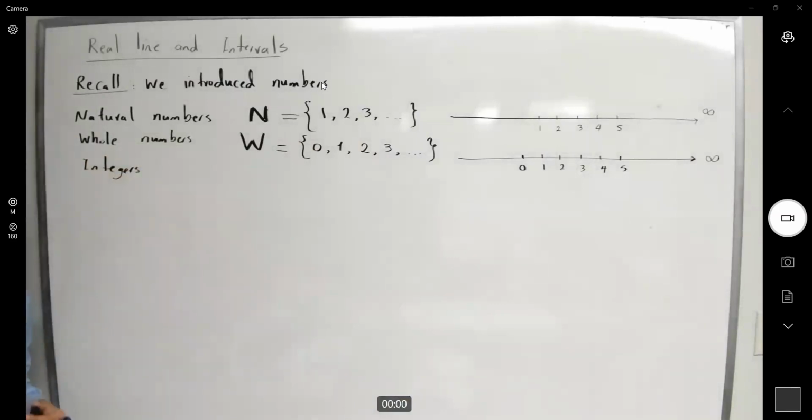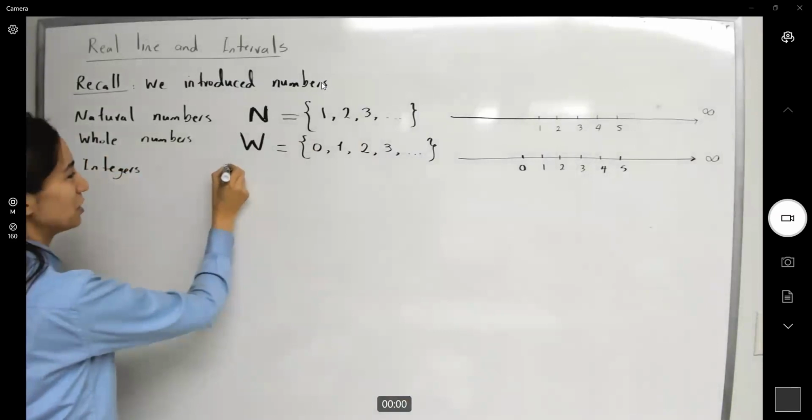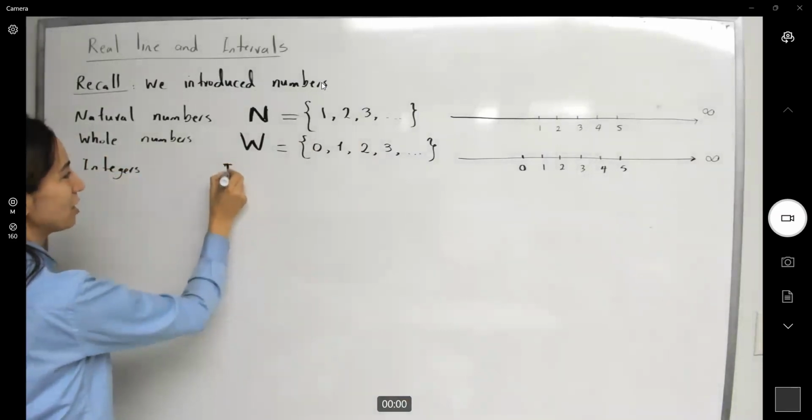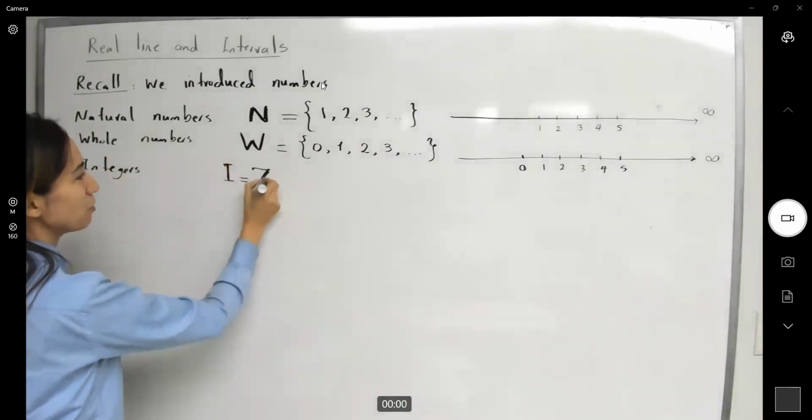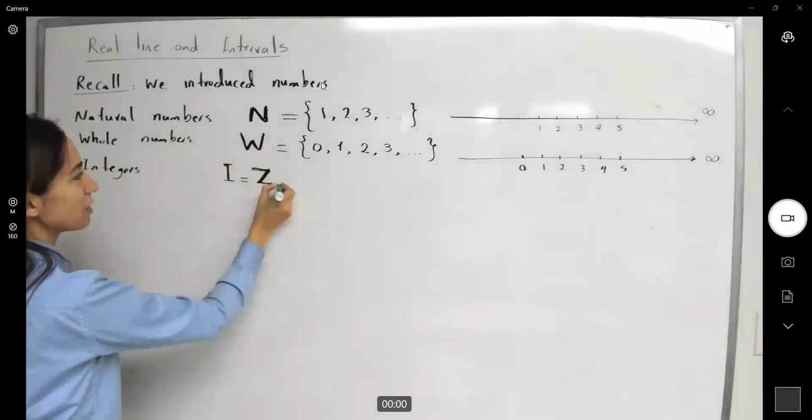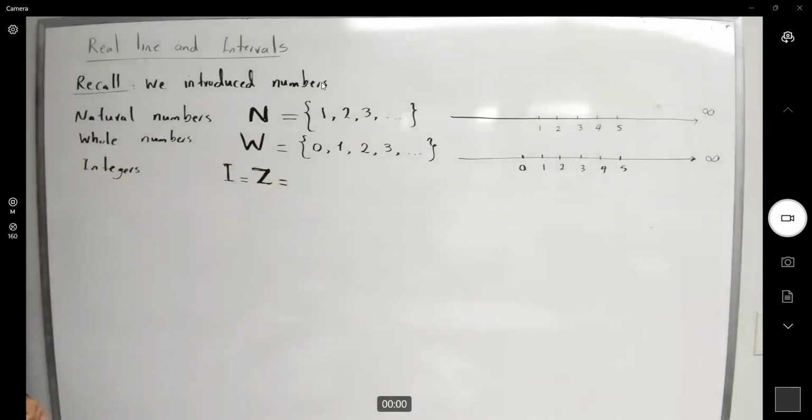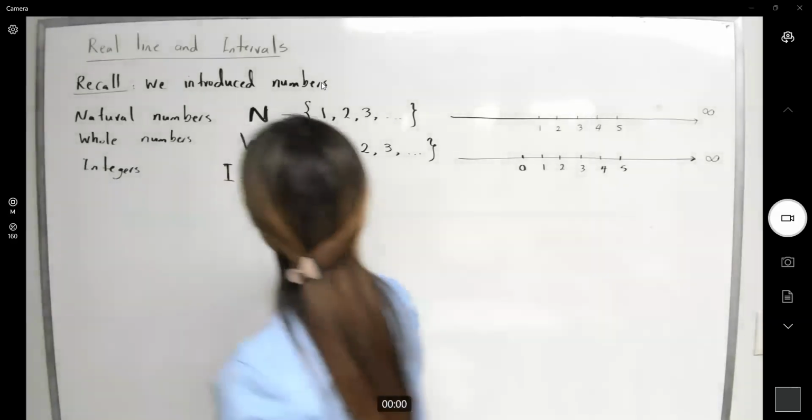Integers are denoted by I or Z. So bolded letter I, or bolded letter Z. They both represent natural numbers along with 0, along with signed numbers. So we call them integers.